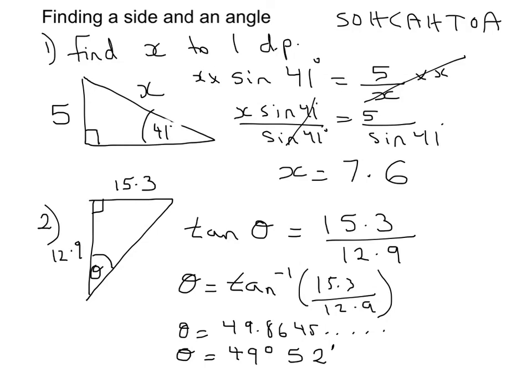Have a go at exercise 6.1. There are 20 questions, but I know that they're not all there. Just do that, and then exercise 6.2, which I haven't given you, is just rounding off to the nearest minute, nearest degree. Very simple stuff, just using the calculator.